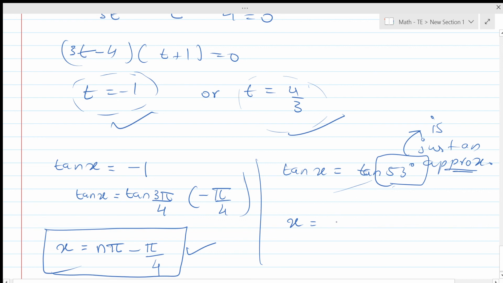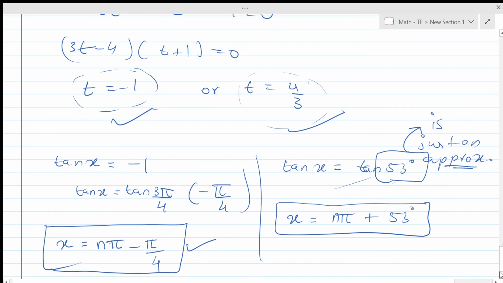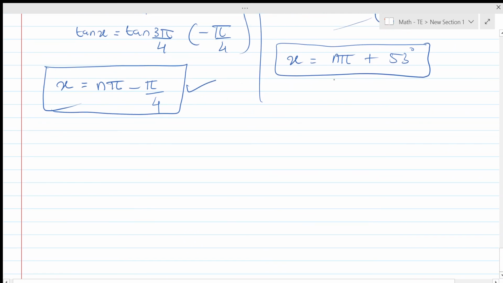Alright, so this can simply be written as n pi plus 53 degrees. Now you might be wondering, pi, degree, yeah, you can write it like that. In this formula particularly, you can mix it up. But if you're adding or something, you have to bring it to degrees or radians.